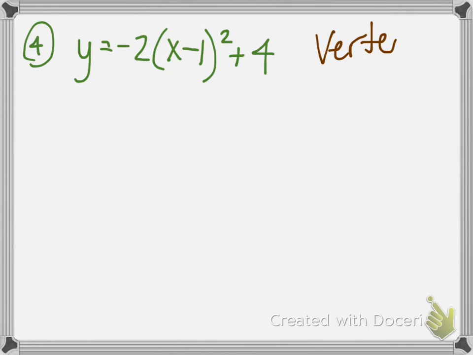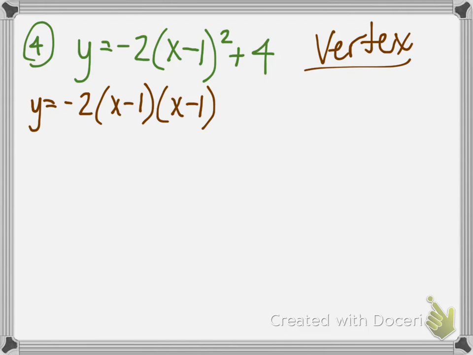Number 4, y equals negative 2 times x minus 1 squared plus 4. Okay, so again, parentheses squared means we have vertex form to start. Vertex form means we have to start off by getting rid of that squared. So I expand that out. And then from there, we multiply out those parentheses.